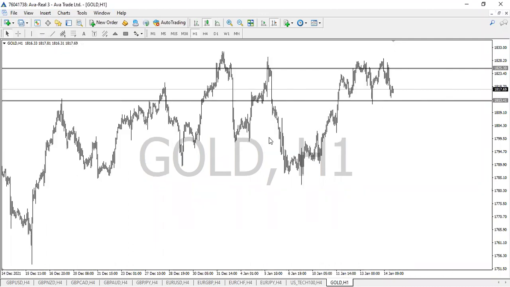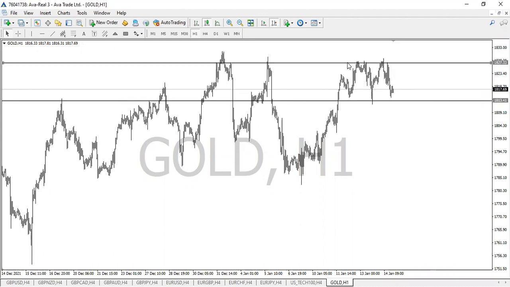As you can see, these are positions, right? But that's not my way of trading. That's not how I trade.